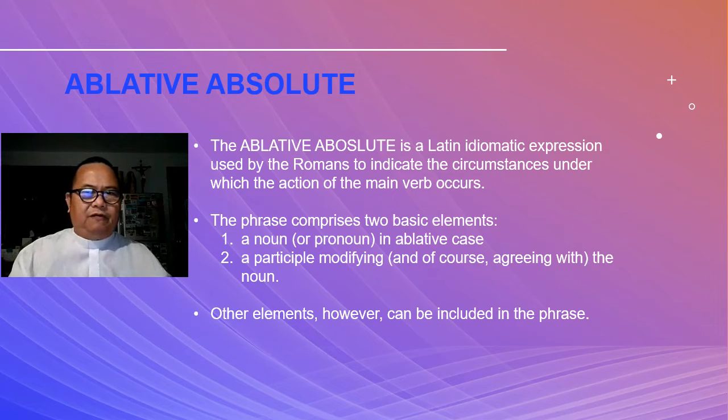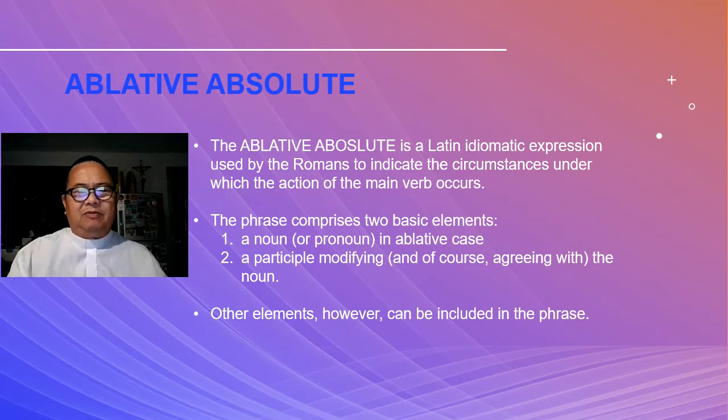We come now to the fourth part of our discussion on participles. Last time we studied the first idiomatic use of participles, the periphrastic construction, active and passive.